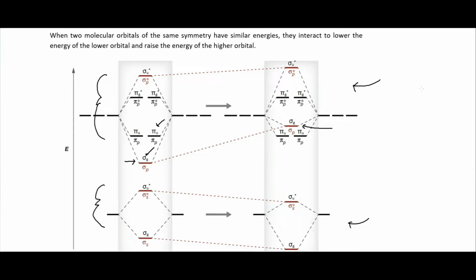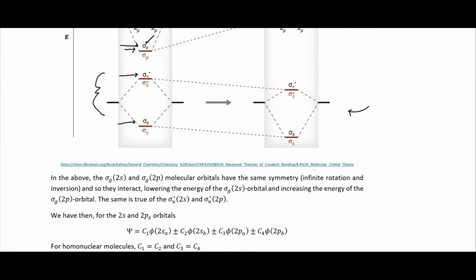And so yeah, the overall thing to notice is that these two upper ones, this sigma u and this sigma g, are getting pushed upward, while this sigma u star and this sigma g here are getting lowered in energy.